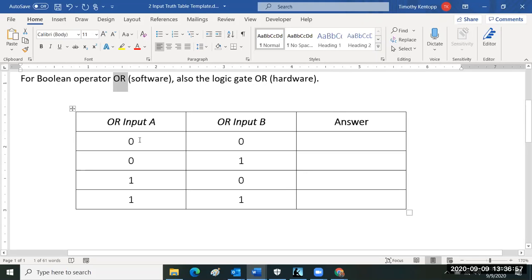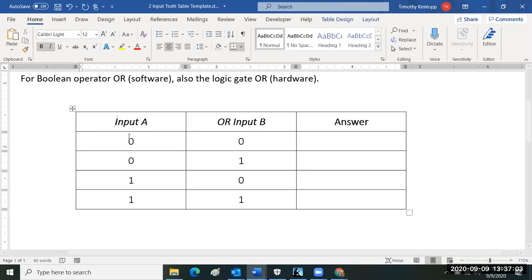These logic gates. And if either of the inputs, if input A is a 1, or input B is a 1, then the output, the answer, is a 1.